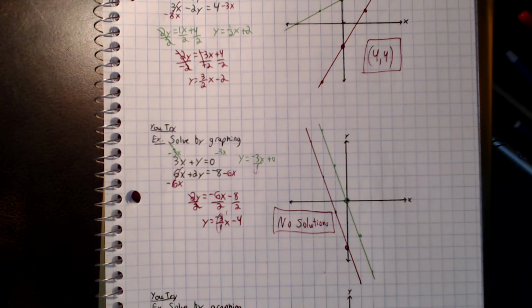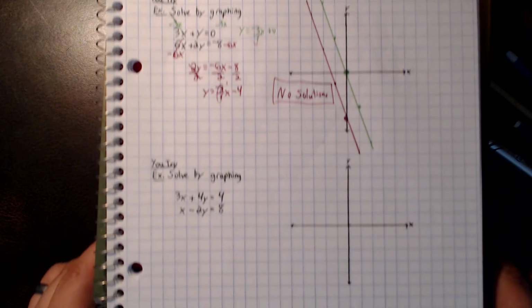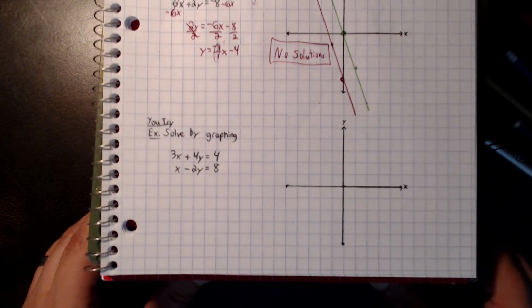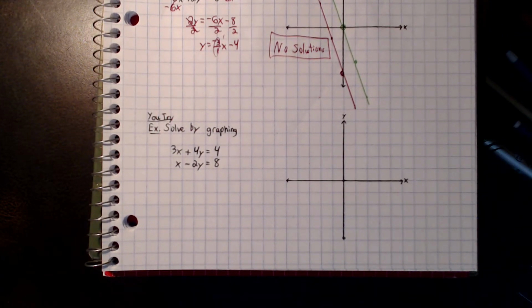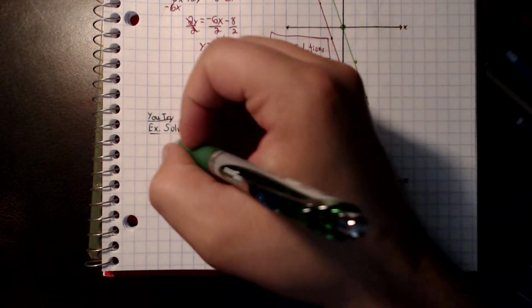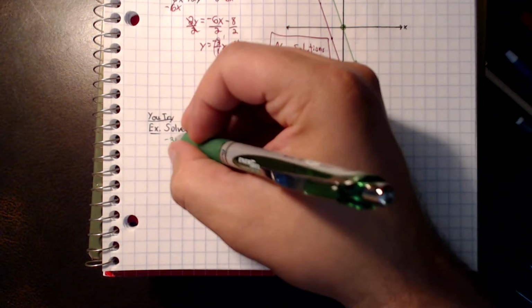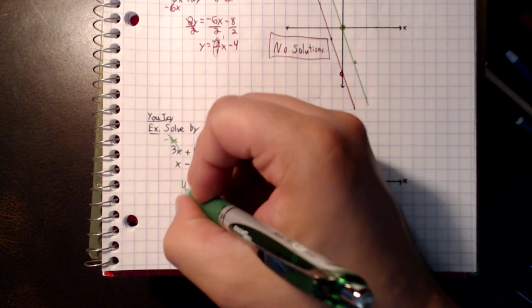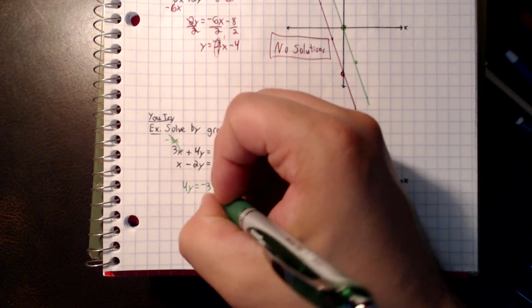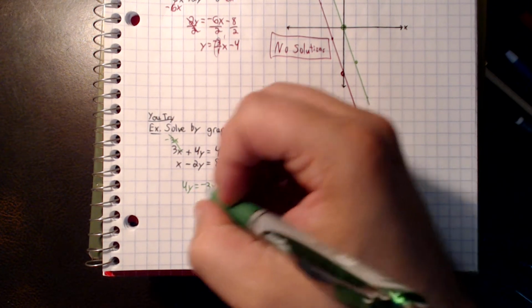Okay, almost done. Got one more. It wasn't on the screen, so that's the last one. Pause the video and resume when you're ready to check your answers. Alright, let's check it out. You should have started by subtracting 3x, which would have been 4y equals negative 3x plus 4.